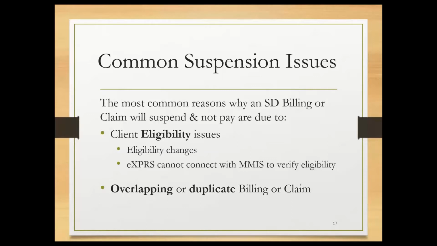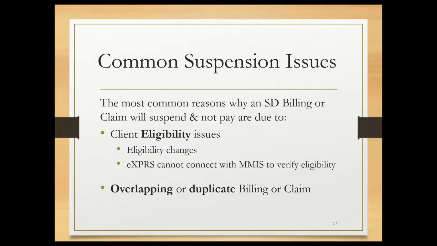And when eXPRS connects with MMIS to get the information, eXPRS may go over and knock on the door to MMIS saying, hey, can you give me this information for this individual? But if the MMIS system is busy and doesn't answer eXPRS or connect with eXPRS so eXPRS can retrieve that data it needs, eXPRS will assume that the answer is no, meaning that the client does not have the needed eligibility information that eXPRS requires to finish processing that claim.